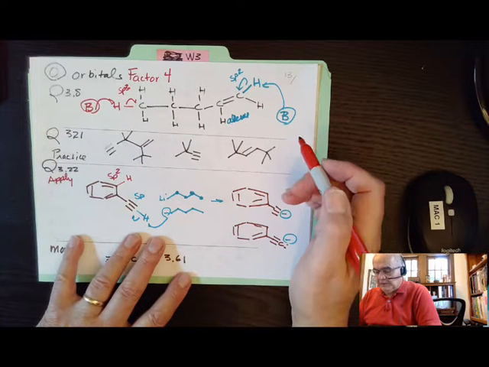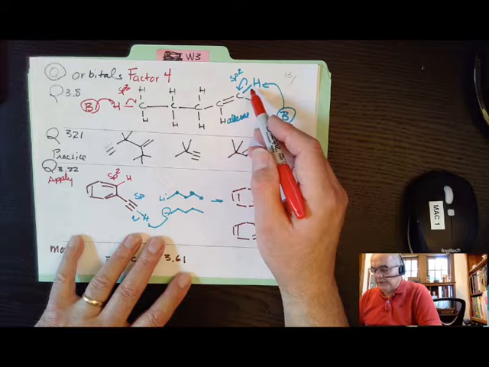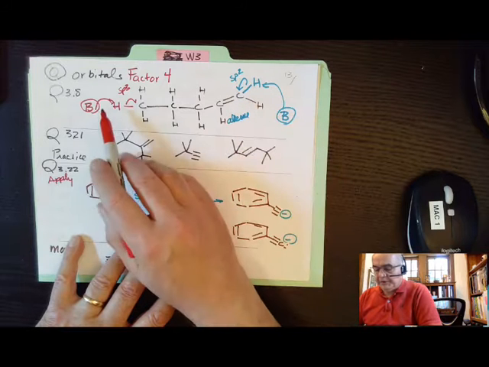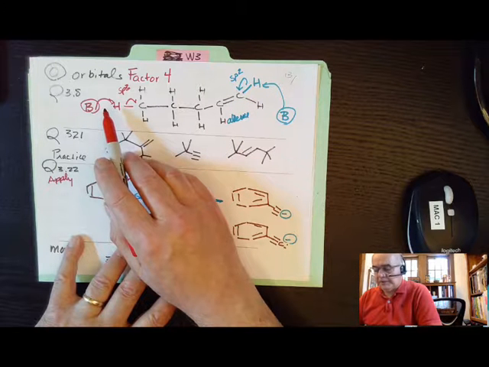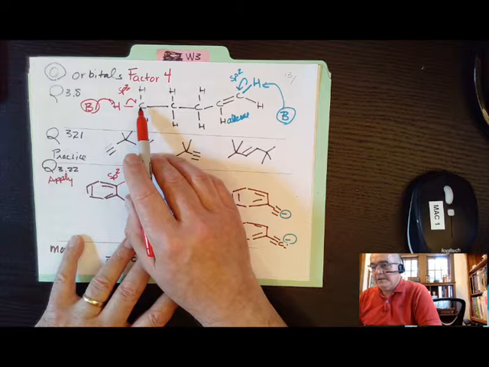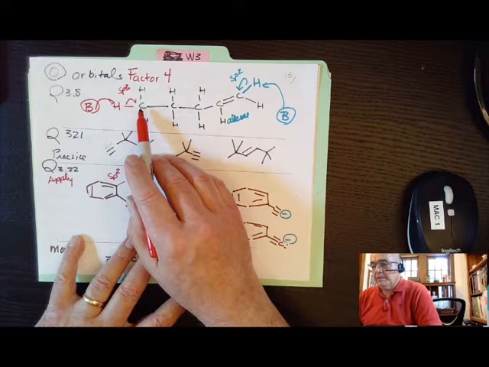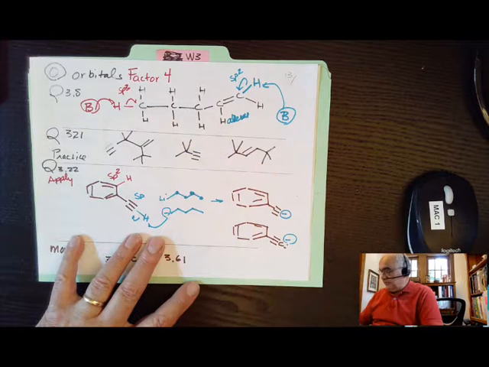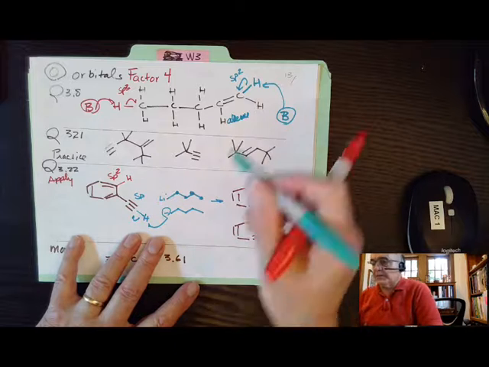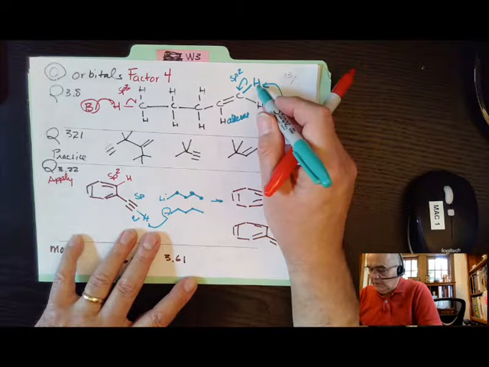On the right side, we can remove this one, which is attached to an sp2. This would be removed and is attached to sp3. We learned that hydrogen attached to sp is more acidic than sp2, which is more acidic than sp3. So we can tell just by looking at this structure that this hydrogen attached to sp2 would be the better acid.